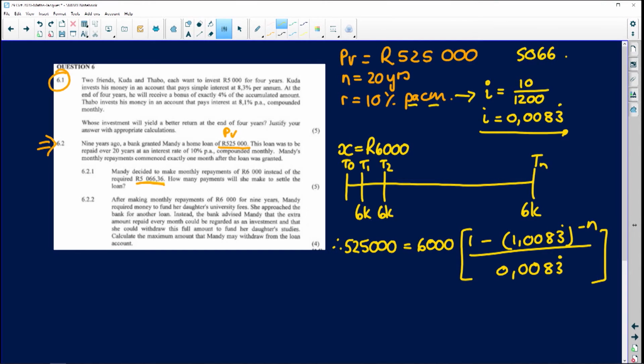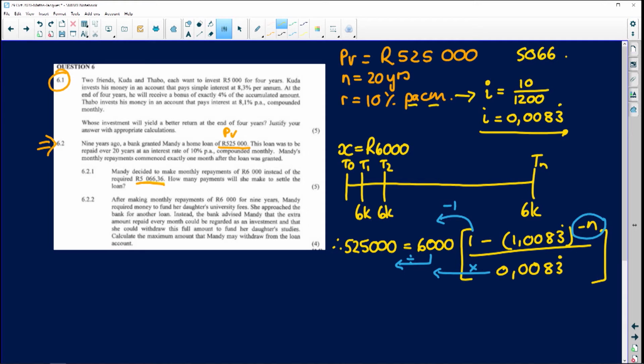Okay, so now we need to do what? We need to get this by itself. So it means we're going to divide this to this side. We're going to multiply that. So we're dividing that, we multiply that, and then we subtract the 1 from whatever is left on the left-hand side. All of this is calculator work.